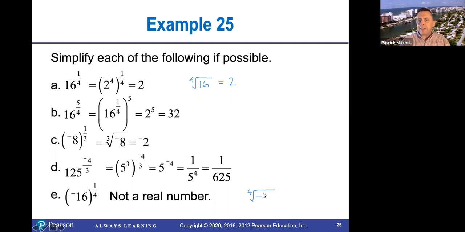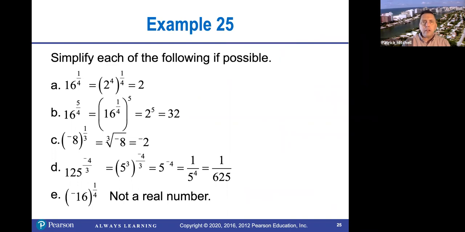So that would be a mystery real number whose 4th power is -16. But when you raise any real number to the 4th power, you get a positive number, or worst case, you get 0. You would never get -16. So since there is no real number whose fourth power is -16, the 1/4 power of -16 is not a real number.